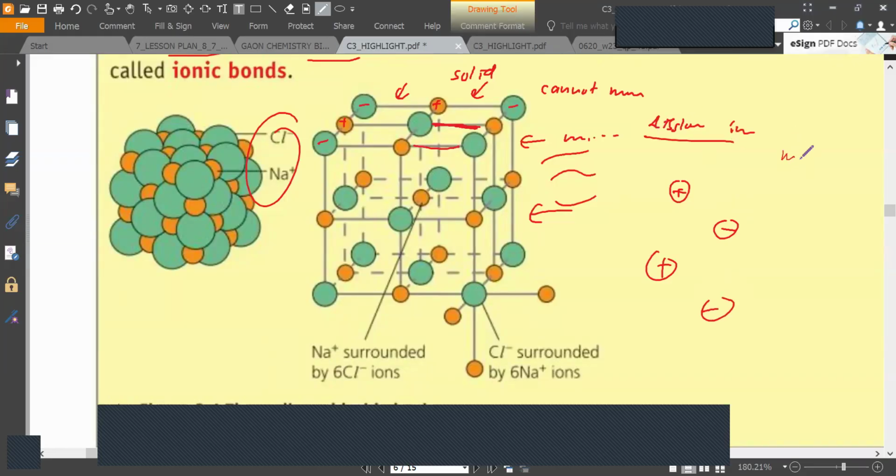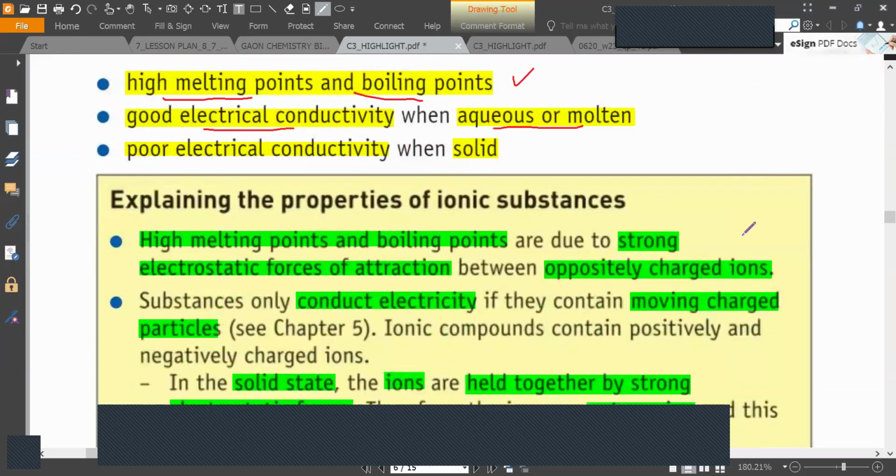Or if we melt it, again they are free to move and can conduct electricity. So only when they are aqueous or molten can they conduct electricity. When solid, it's poor electrical conductivity.